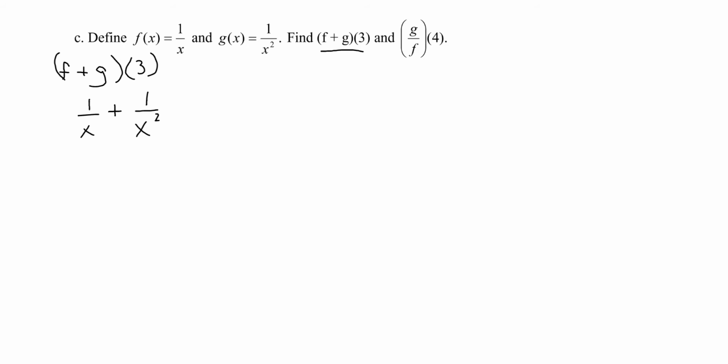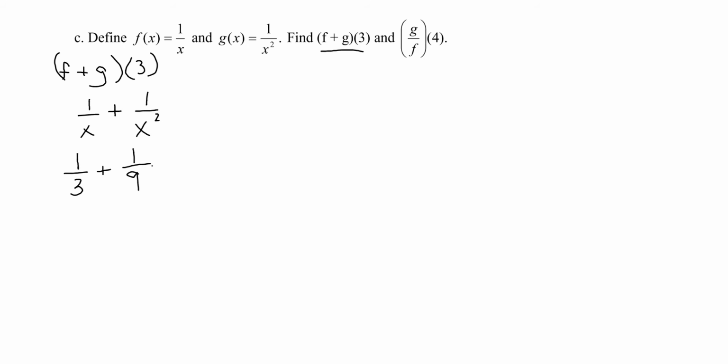So we're going to do 1 over 3 plus, and we plug in 3 here, 1 over 3 squared, which is going to equal 9. So I'm going to go ahead and erase the 3 squared and put my 9 in there.